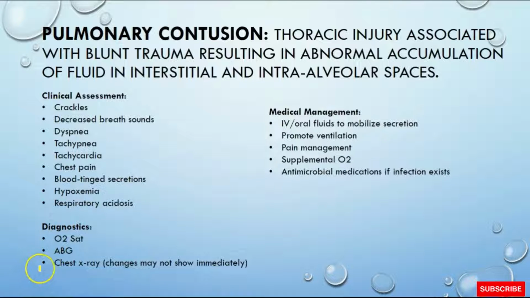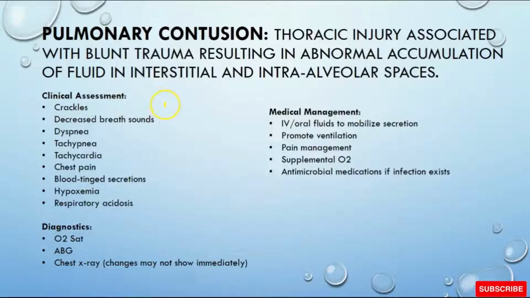Pulmonary contusion is an injury from blunt trauma resulting in abnormal accumulation of fluid in the interstitial and intra-alveolar spaces. If there is a contusion, symptoms are unfortunately going to be very similar to some other lower respiratory disorders.